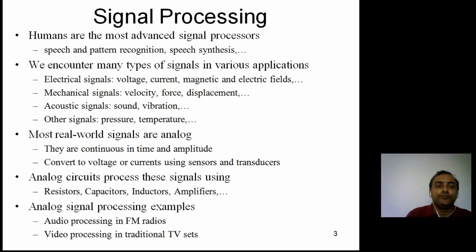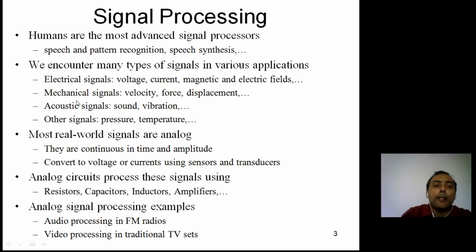Now, we encounter many types of signals in various applications. Electrical signals are voltage, current, magnetic and electric fields.